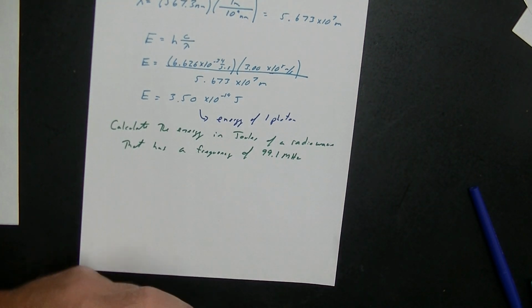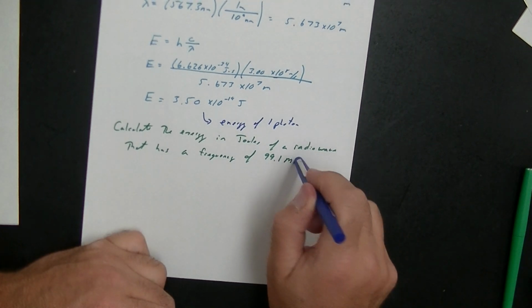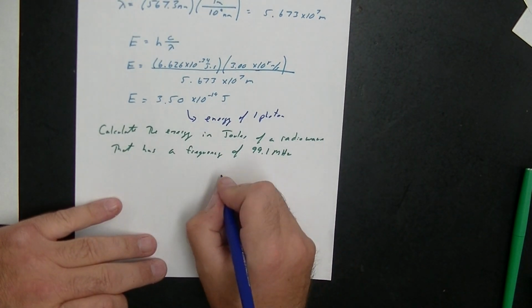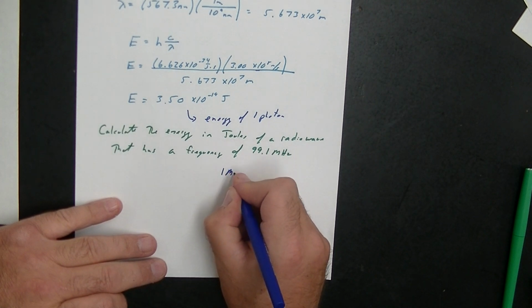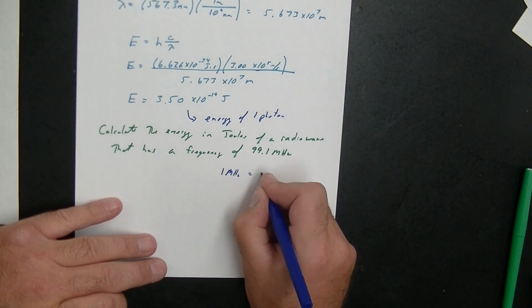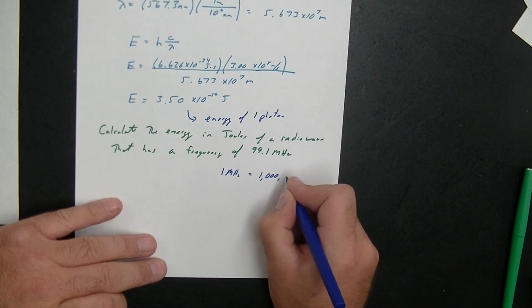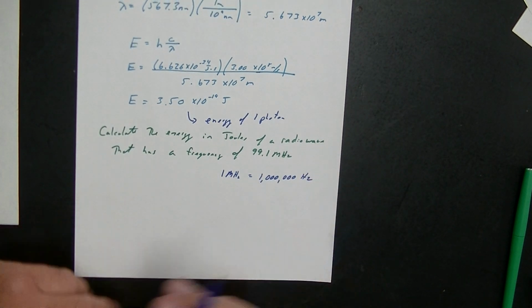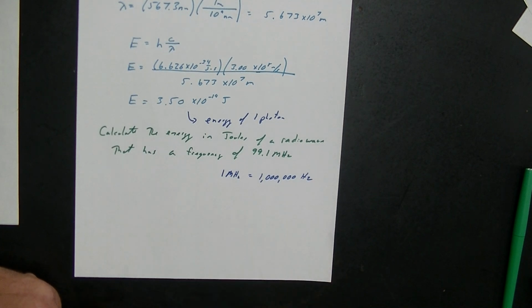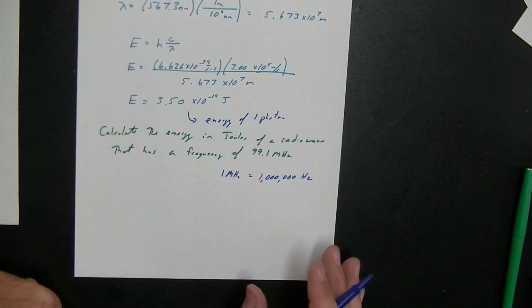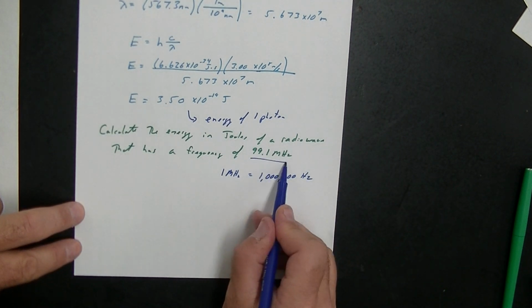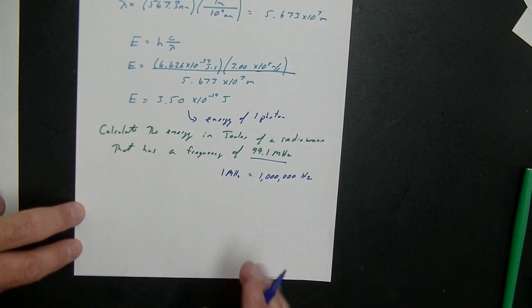Hopefully you can make that conversion. You should be able to do that. It's just metric. So 1 megahertz is equal to 1,000,000 hertz. Okay, you should know that. So we need this number in just hertz or per second.